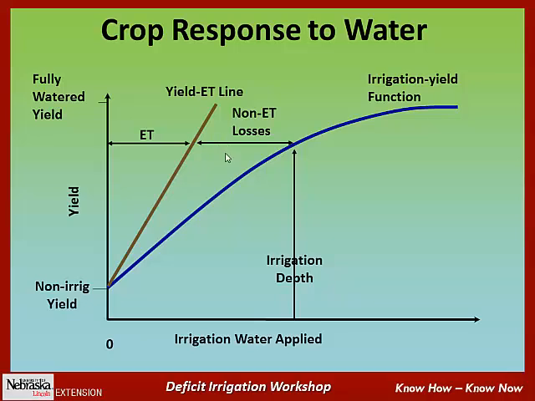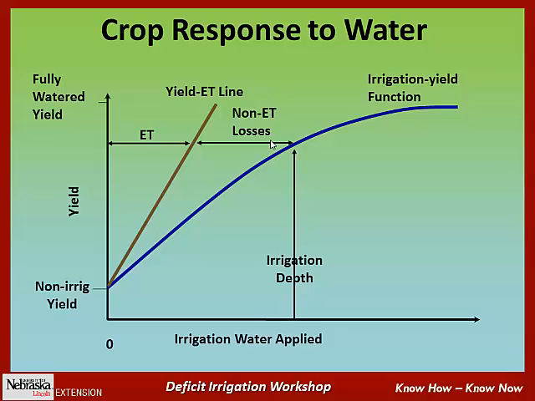So as I increase ET, I get an increase in yield. But the blue line is how much irrigation water I applied. So if I applied this much irrigation water, this amount of that irrigation went to ET, and this amount of water went to what we call a non-ET loss. Well, what would be some non-ET losses?